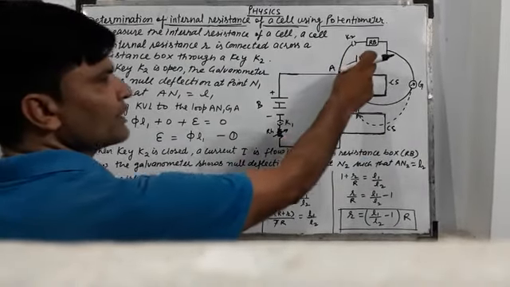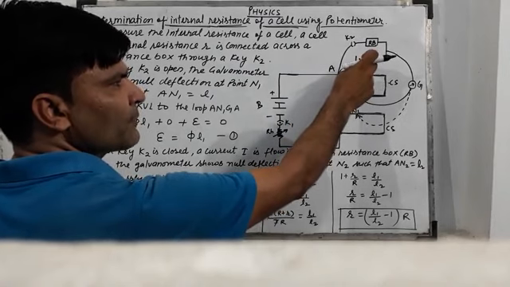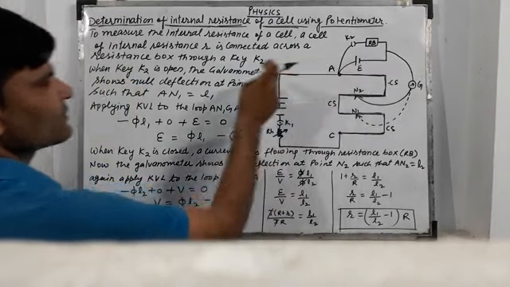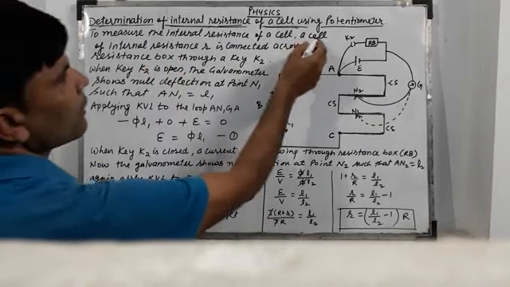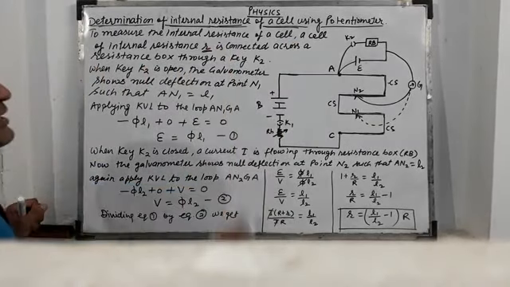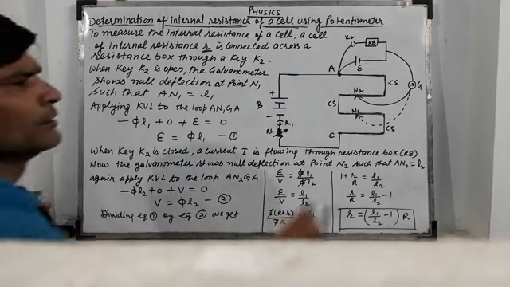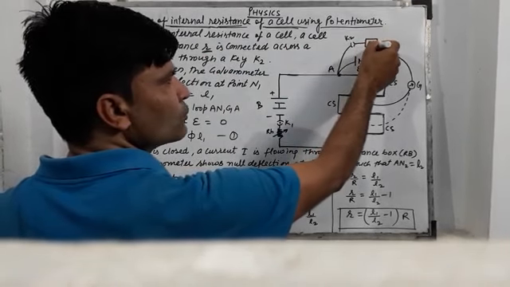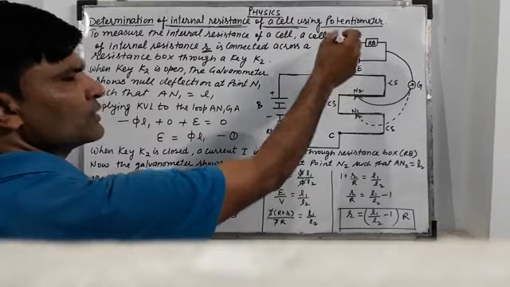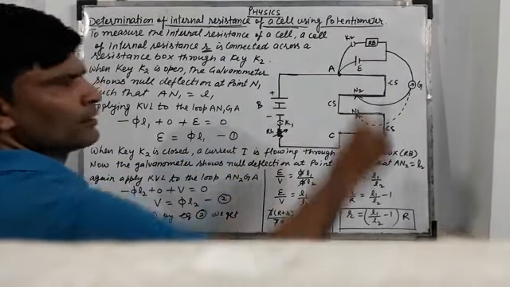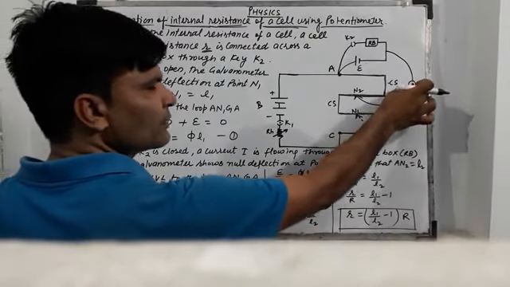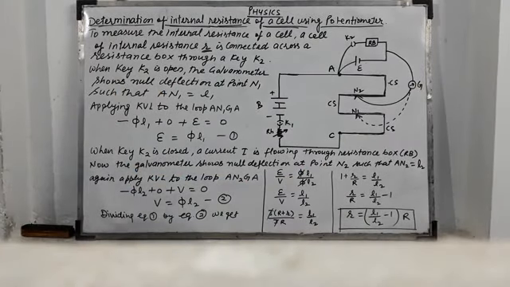Now, a cell of EMF E and internal resistance r is connected to a resistance box with a key K2. A galvanometer is used to get the null deflection.